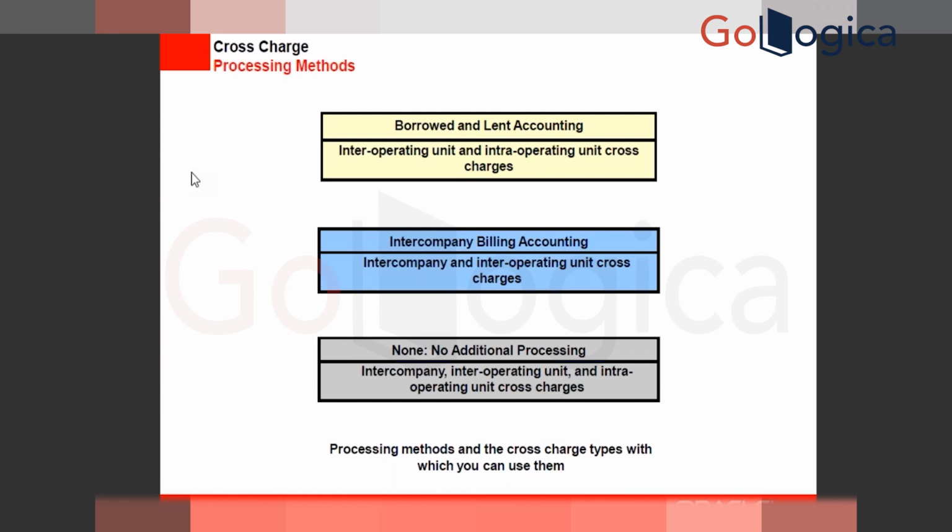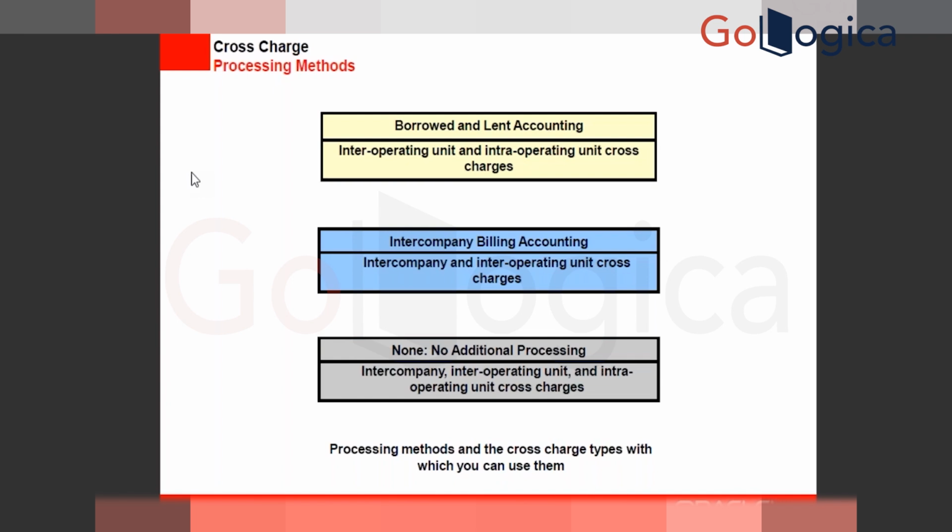It will simply create the accounting entries. It won't create any further invoices. The types it supports are inter-operating unit and intra-operating unit, that means within the legal entity, you can go with borrowed and lent accounting.